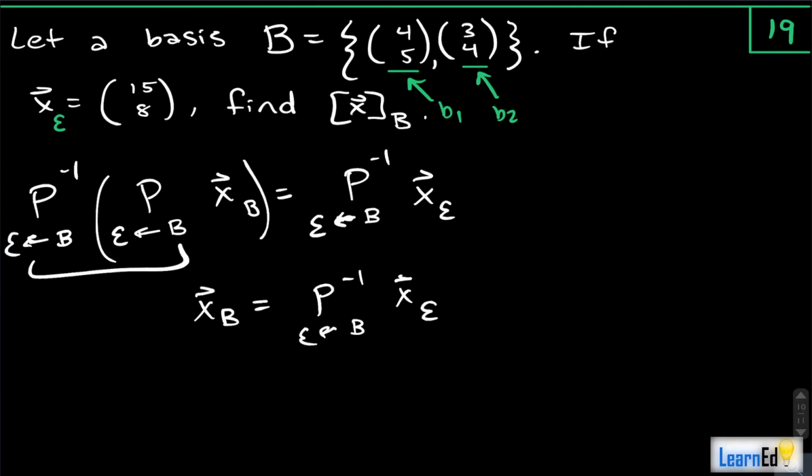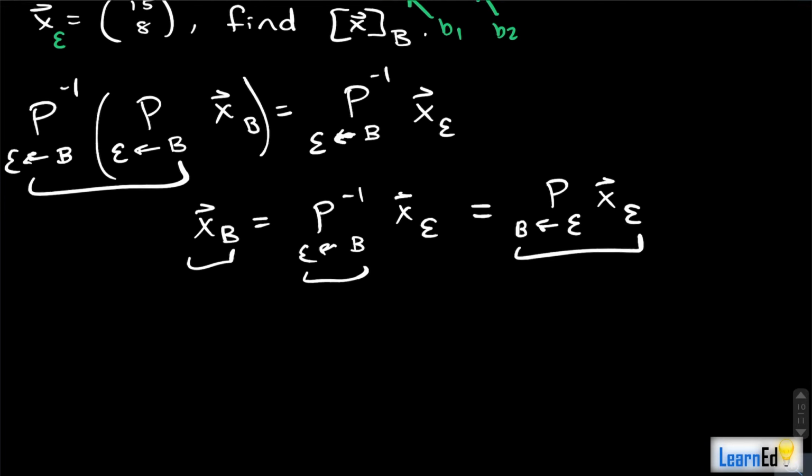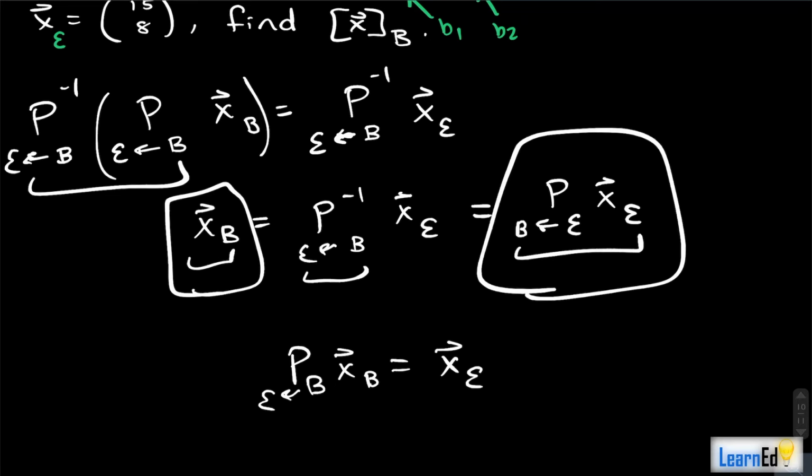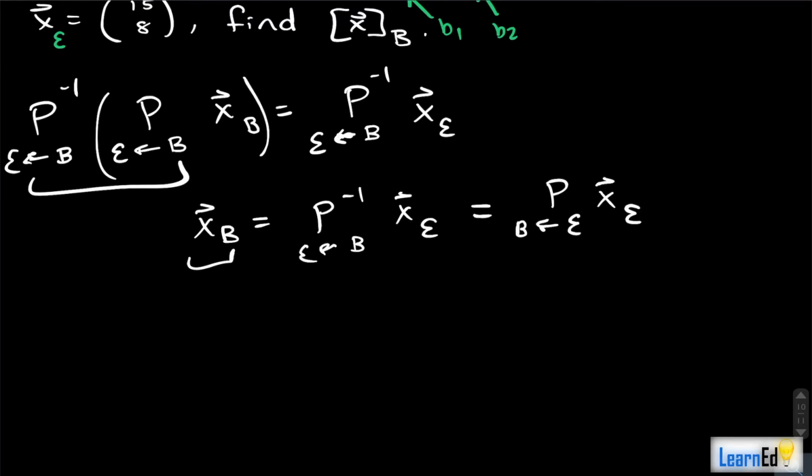Now here's what's interesting, and what we'll talk about in change of basis. It makes sense to write this as P from E to B rather than P inverse from B to E. They're the same thing, but if we write it like this, it's the exact same equation as the one we had before, P from B to E times xb equals xe, just with the E's and B's flipped around. So if you invert the change of coordinate matrix from B to E, you get the change of coordinate matrix from E to B. That's the idea.